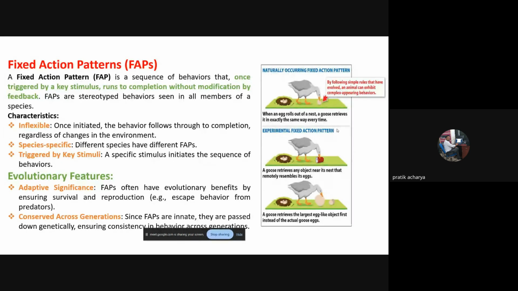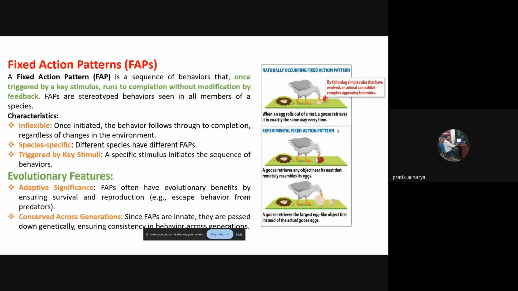Then evolutionary features. First is adaptive significance. If an organism shows its fixed action pattern, that means it starts expressing its behavior, its nature, towards the opposite organism. If one organism starts barking, that means it tries to create fear in the other organism for its better effect.